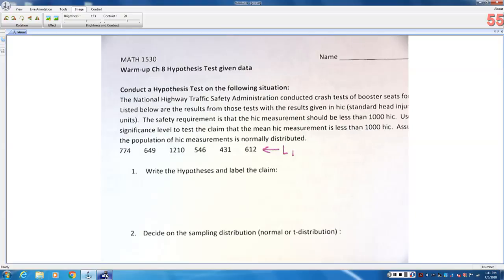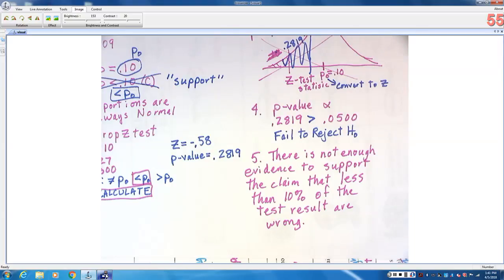Put your data in list one. Those numbers look right, but then these two.